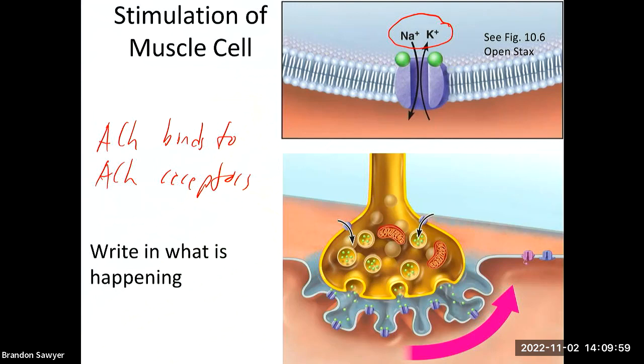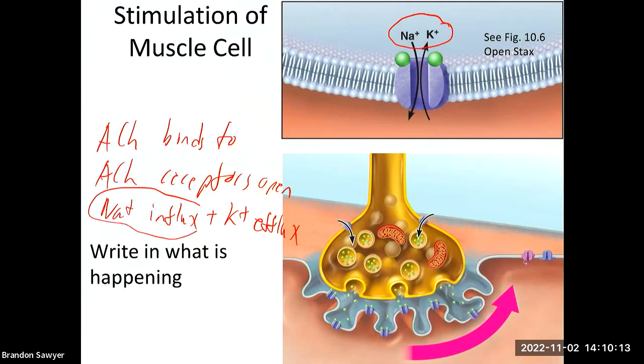Okay, so acetylcholine receptors open and allow for sodium influx and potassium efflux, but much more of the sodium. The end result of that is what's called depolarization, meaning becoming less negative.